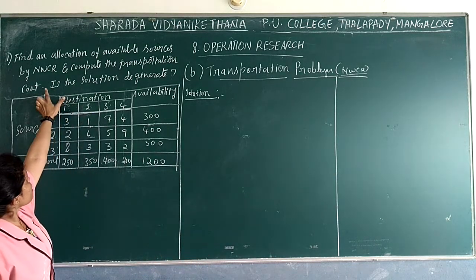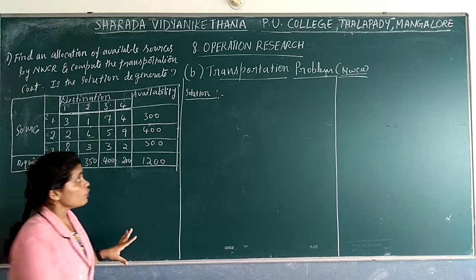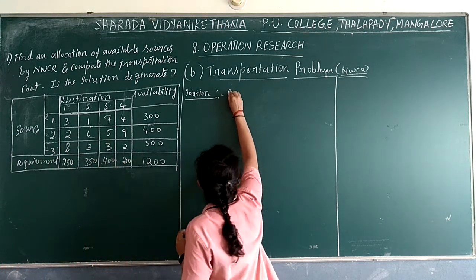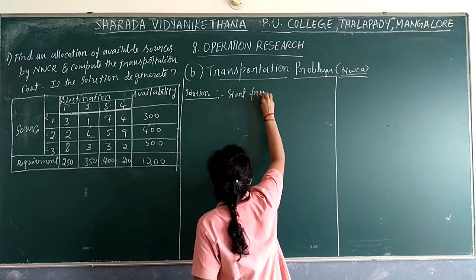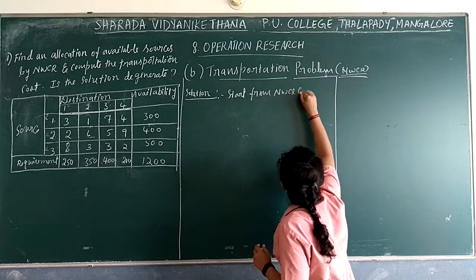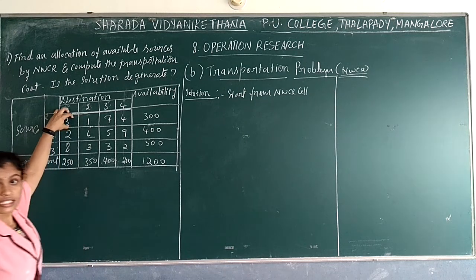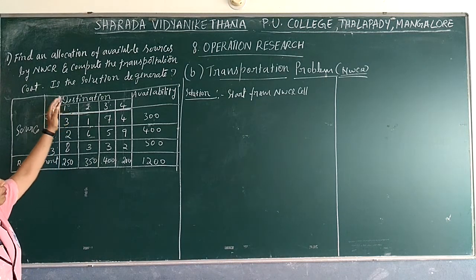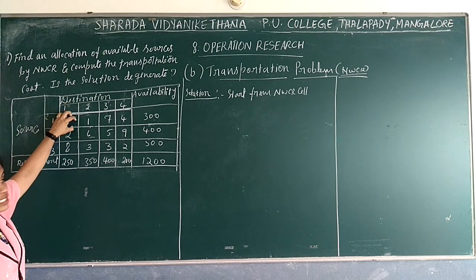Now which method do we have to follow here? We have to follow the northwest corner rule. Firstly we have to start from the northwest corner cell. The northwest corner is this corner. We are starting the problem from this corner, and that is also the northwest corner.